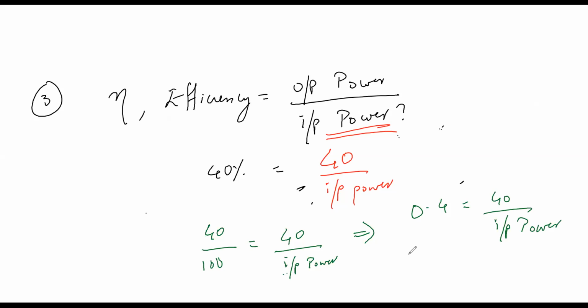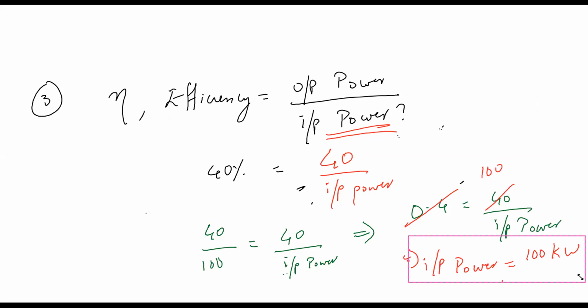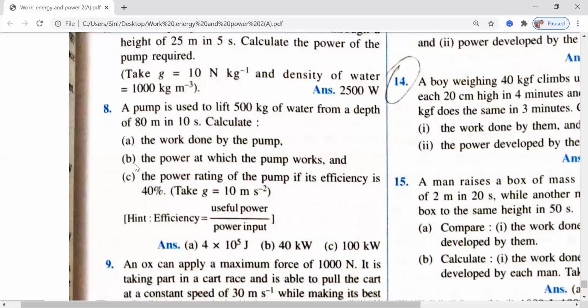So we'll get the answer as this will go 100 times. So input power is equal to 100 kilowatt, because I'm measuring everything in kilowatt. Now let us check our answers in the back, whether it is coming correctly or not. So 40 kilowatt, 100. I think all the answers are correct.